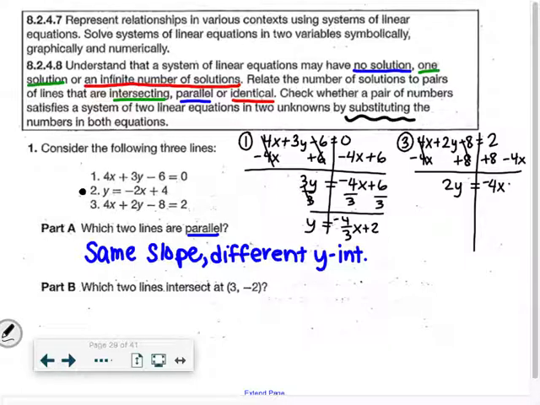Then the 8 and 2 can be combined to give me 10, and that's on the intercept part. Divide everything by 2, and y equals negative 2x plus 5. So now I can tell that the ones that have the same slope but a different y-intercept are this one, line 3, and this one, line 2. So lines 2 and 3 are parallel.